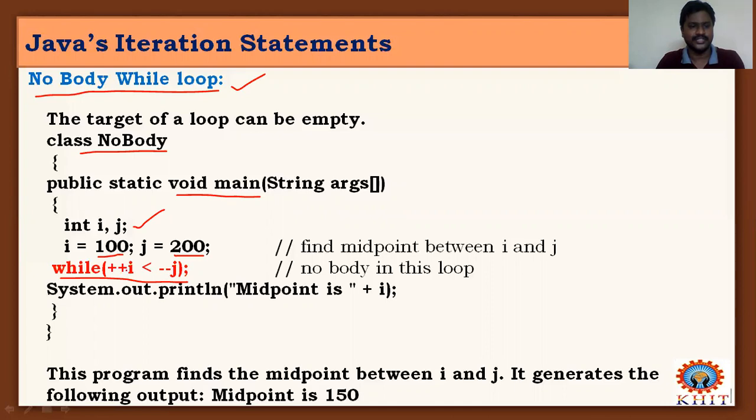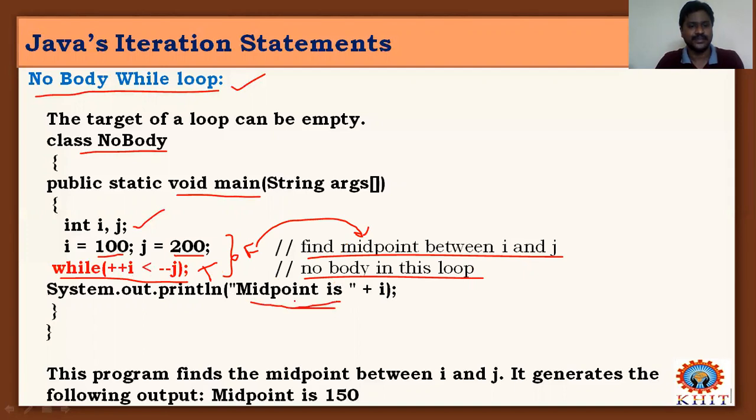So the condition is true, and it repeats the same increment and decrement until it becomes false. The purpose of this statement using the while condition is to find the midpoint: where the condition becomes false, that is the midpoint of these two. Particularly, no body is given to this while loop, but it simply performs the same operation until the condition fails.